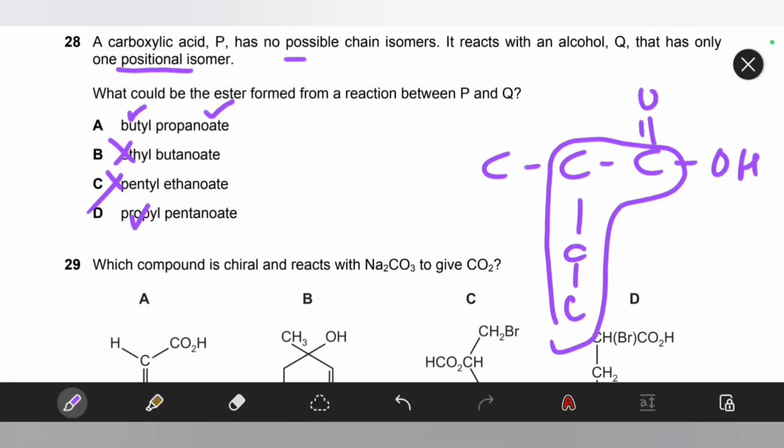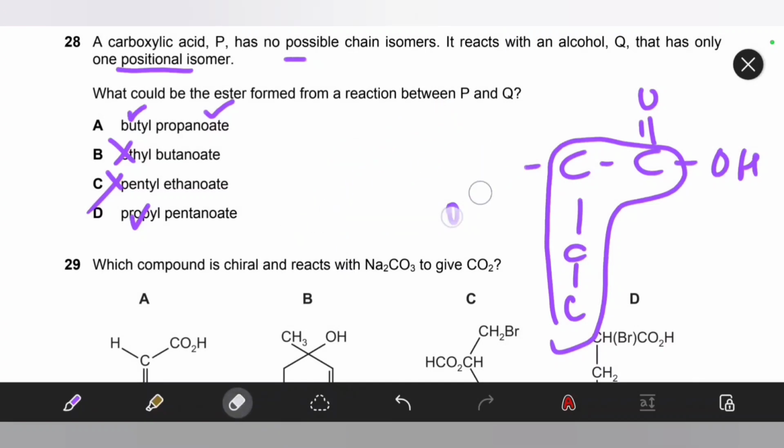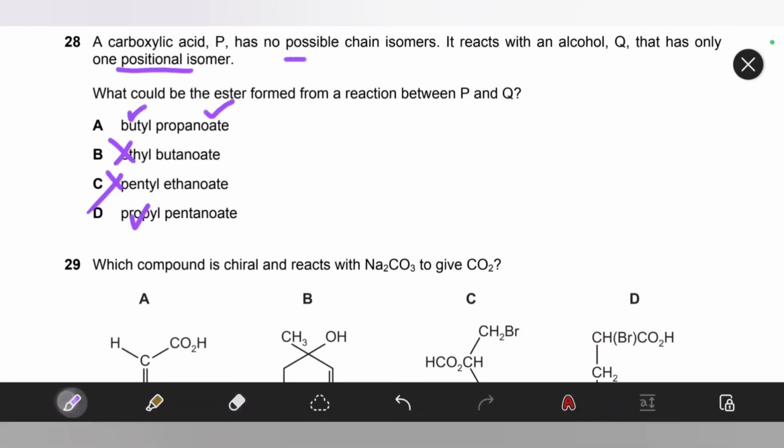This is 2-methyl pentanoic acid. So the carbon chain is clearly being differed. That means pentanoate cannot be the part of this ester. So the only answer that could be is A.